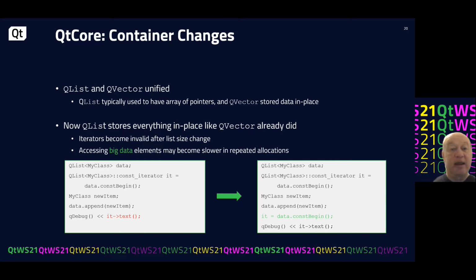And also iterators become invalid if you are modifying the container while you have iterators accessed from the container. So there is an example that this lower example used to work in Qt5, but it doesn't really work anymore in Qt6. Instead, if you have modified the container, you need to take the iterator again from the container to actually get the updated version.